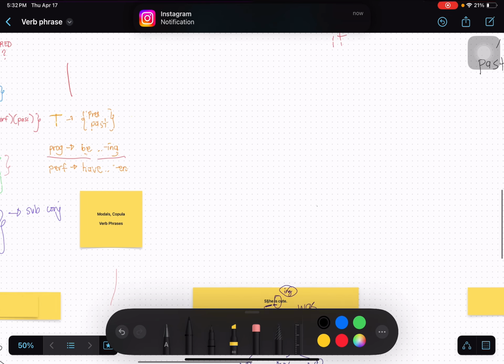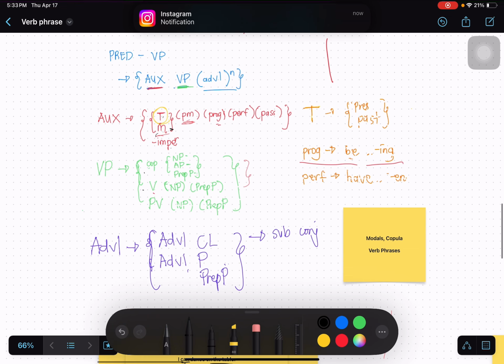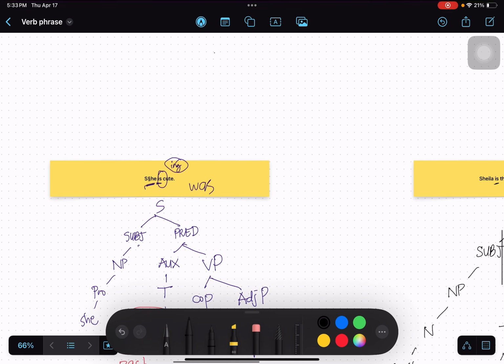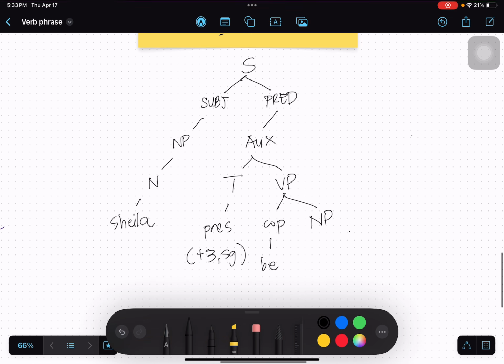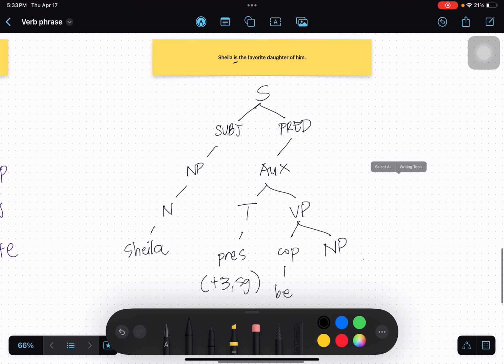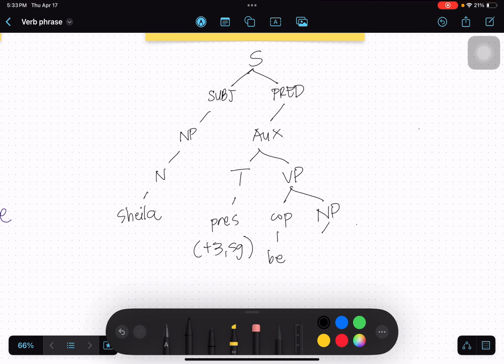As you see, the copula here, copula plus NP. So, copula, the favorite daughter, the favorite.